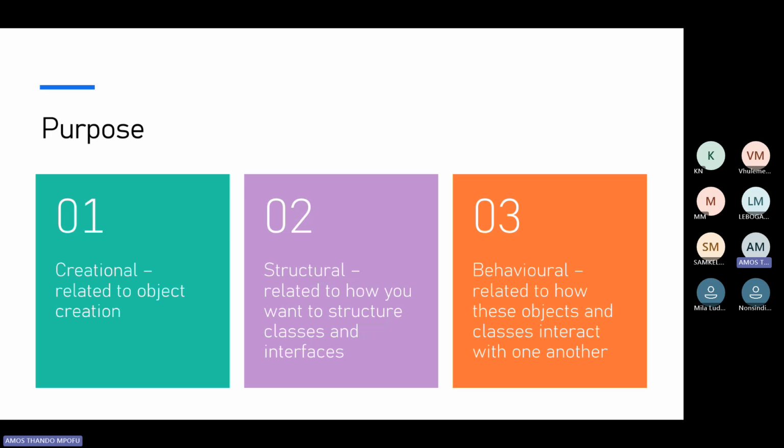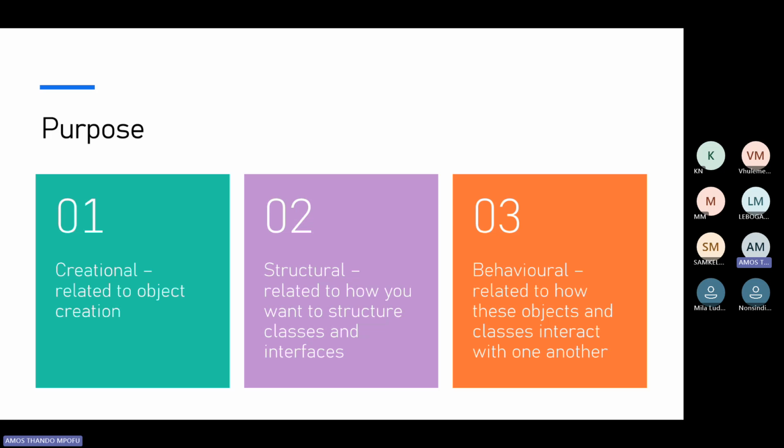Does it have an elevator inside? You see, that's a structure, right? It's how we structure the classes and interfaces, and also objects, because objects also form part of design patterns. So it's related to how you want to structure the classes and interfaces, right?